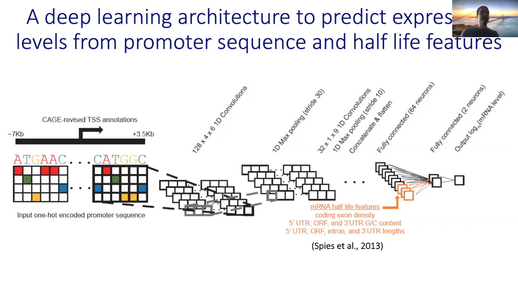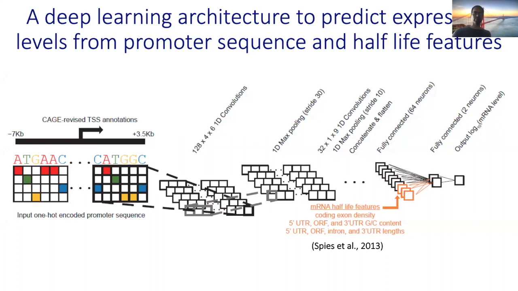Then it fed this into a series of 3 convolutional and max pooling layers. Max pooling will reduce the dimensionality of this problem. And it finally feeds it into 2 fully connected layers, one of which I've integrated these mRNA half-life features.